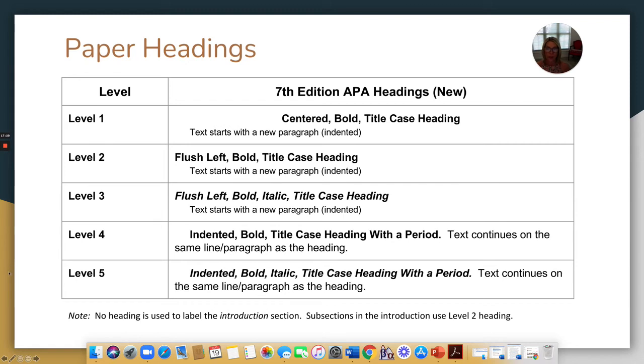But it is important to note that when you have your introduction section of your paper, you do not use the heading introduction. But any subsections that would follow in your introduction would use a level 2 heading, which means that it's flush left, bold, and title case heading.